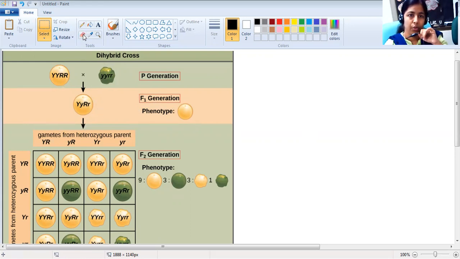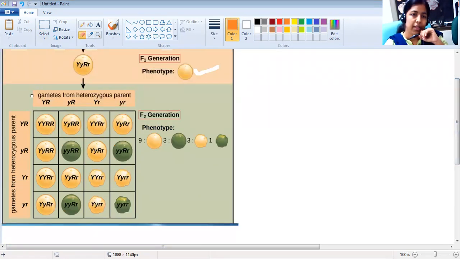The gametes from the heterozygous parents are capital Y capital R, small y capital R, capital Y small r, and small y small r.